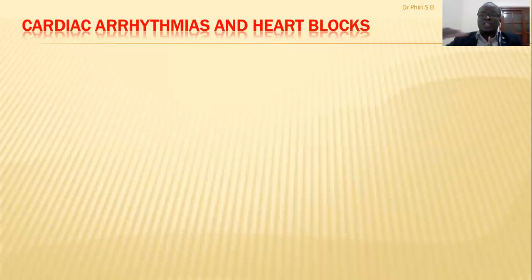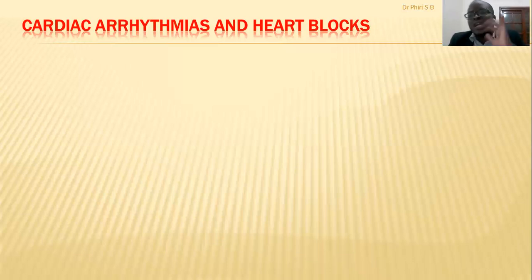Then lead 1 was at 0 degrees. Lead 2 was at 60 degrees from lead 1. Then we had lead 3, that was 120 degrees. So those were the limits. They were looking at the heart from the vertical aspect, or the frontal plane of the heart.